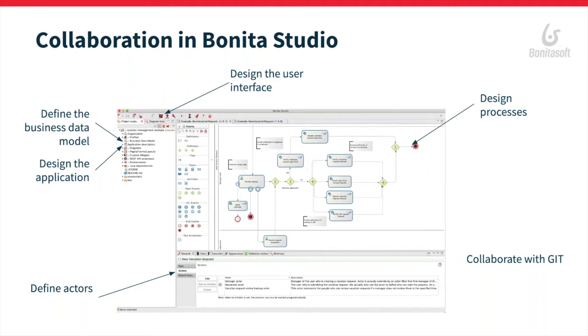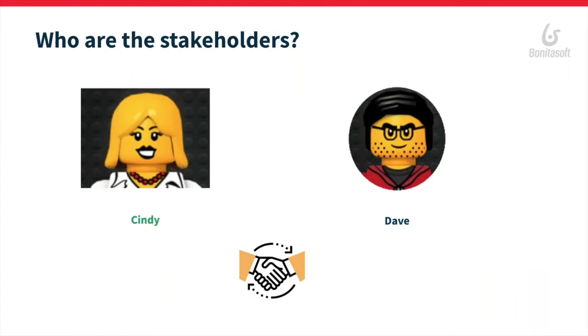Who are they? We are going to talk about Cindy and Dave. But you will tell me, but what's that? Okay, remember, we rewind a bit until the first chapter of our series, where I was talking about personas.